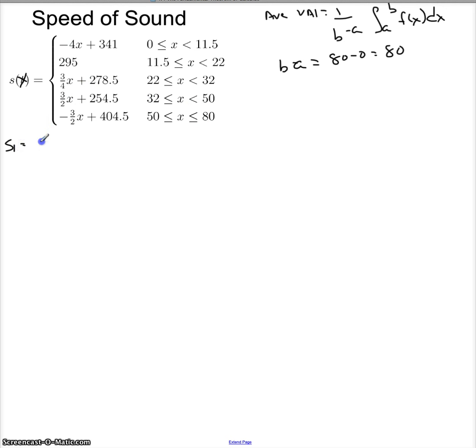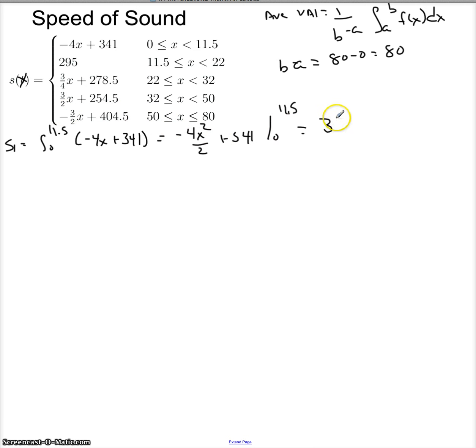S1 is the integral from 0 to 11.5 of negative 4x plus 341. Okay, so it's negative 4x squared divided by 2 plus 341x, evaluated at 0 and 11.5. Now I'm going to run out of room here, so I'm just going to give you the number. You can do this algebra.